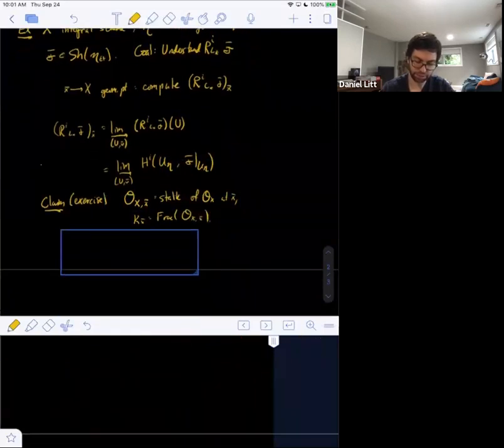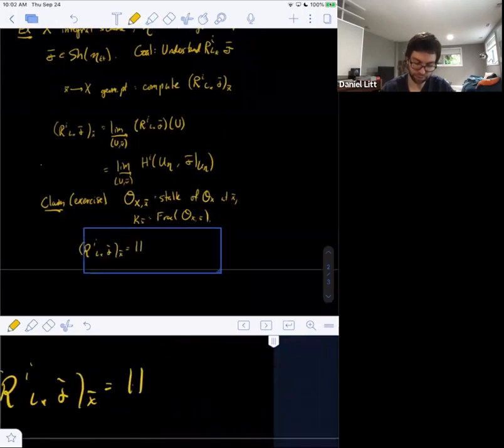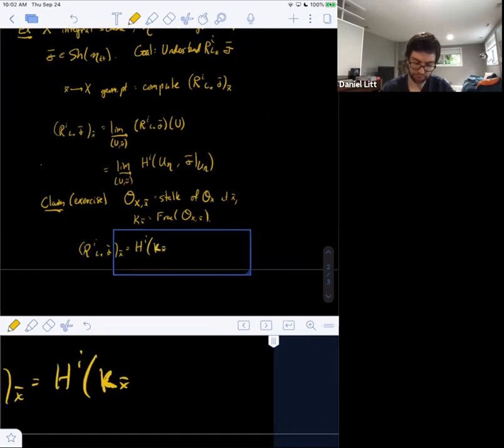Then the claim is that this stalk, Ri iota lower star of F at x bar, is just the same as H^i of K_{x bar} with coefficients in F, well, restricted to K_{x bar}. When I say restricted, I just mean the pullback.